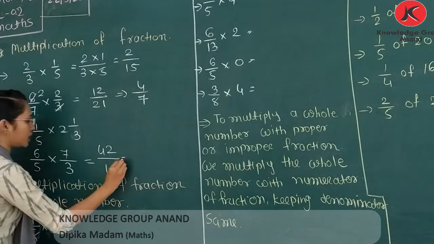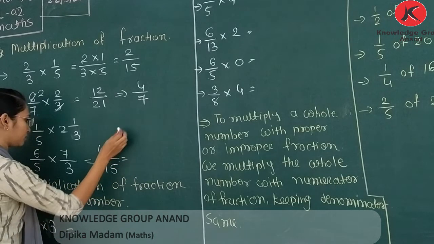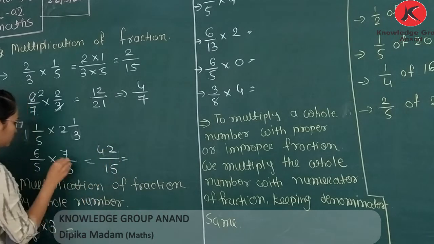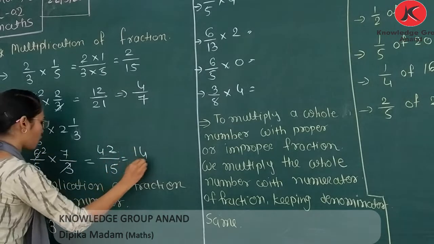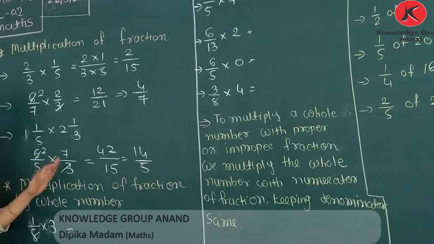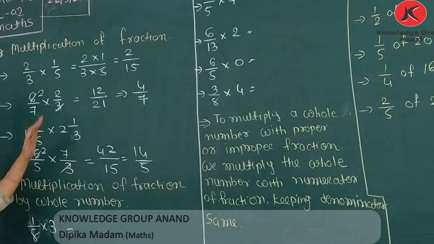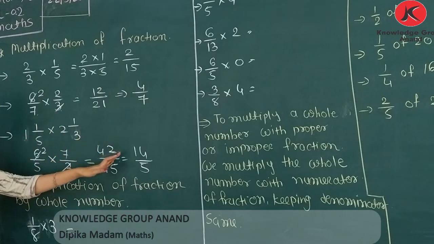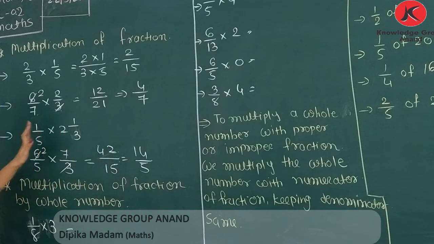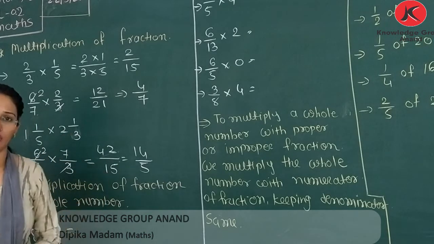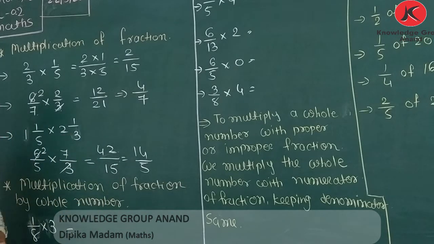Or you can cut here, that is 14 by 5. Okay, both answers are right. If you cut the common factor or you directly multiply the fractions with numerator and denominator, the answer will remain the same.